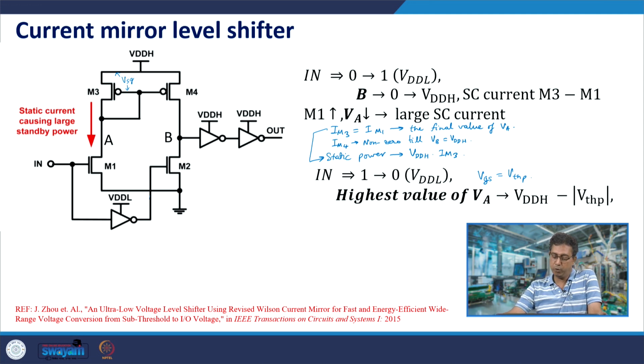That will put M3 off, that will also put M4 off, and the gate of M2 is now switching from 0 to 1, M4 is off and therefore, B will be pulled to 0. So, the problem here is static current.